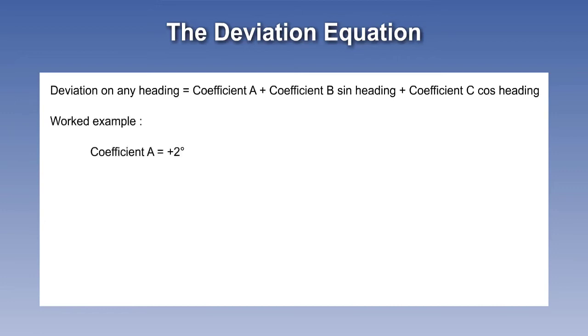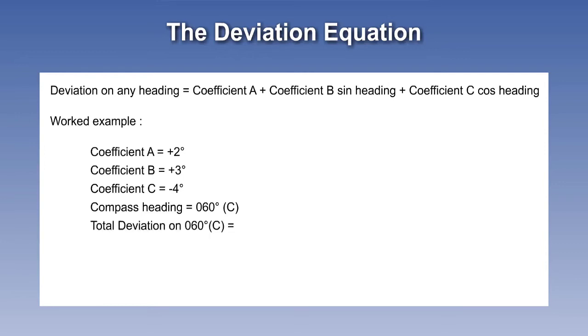Let's work through an equation. So let's suppose coefficient A is plus 2 degrees and coefficient B is plus 3 degrees. And coefficient C is minus 4 degrees. And we will say the compass heading is 060 degrees.